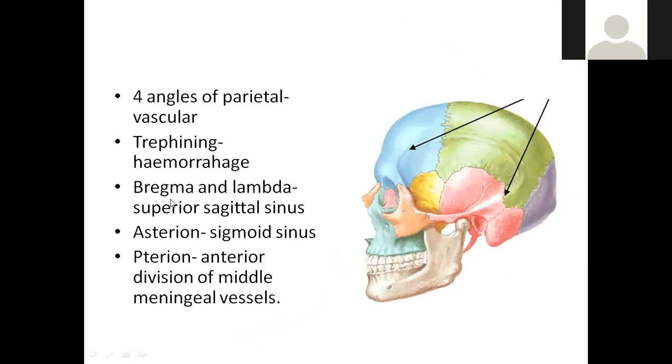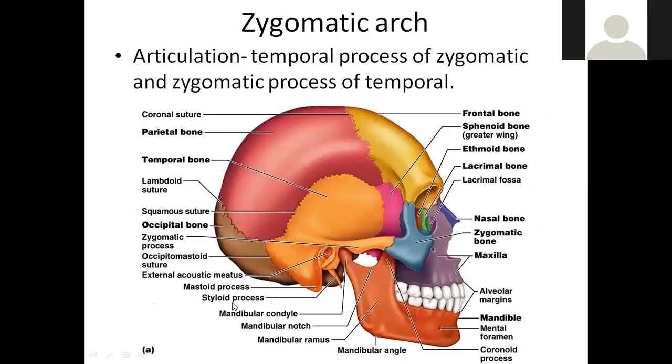Behind we have asterion, where inside the skull bone it correspondingly lodges the sigmoid sinus. Bregma and lambda lodge the superior sagittal sinus. Pterion lodges the anterior division of the middle meningeal vessels.